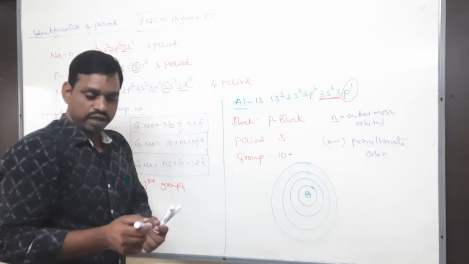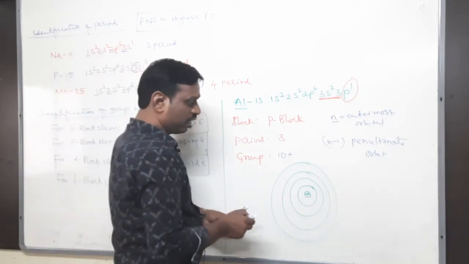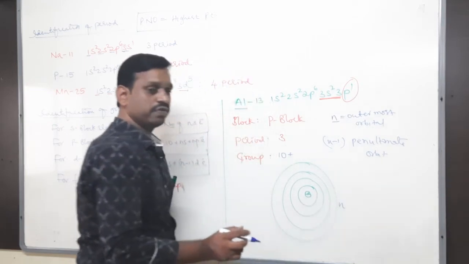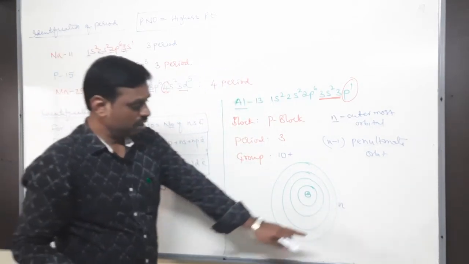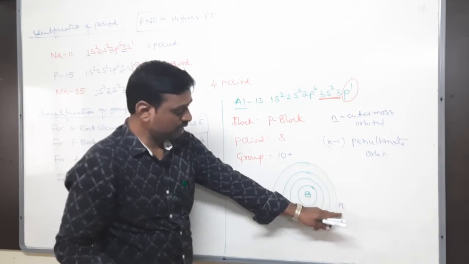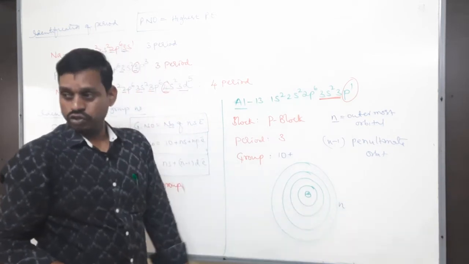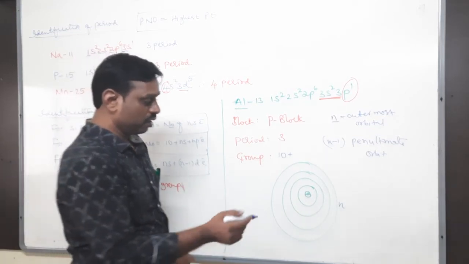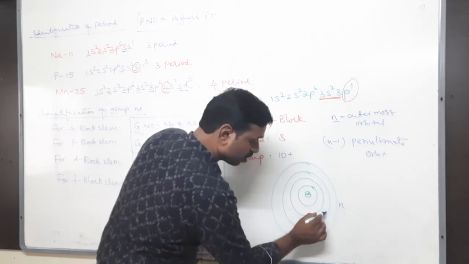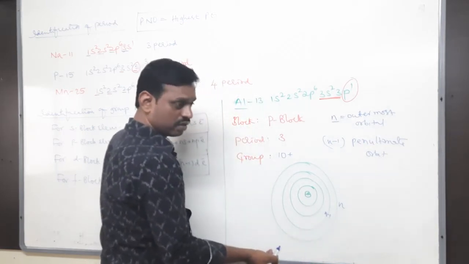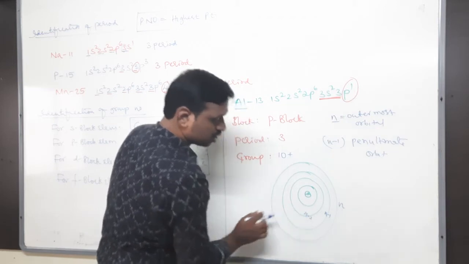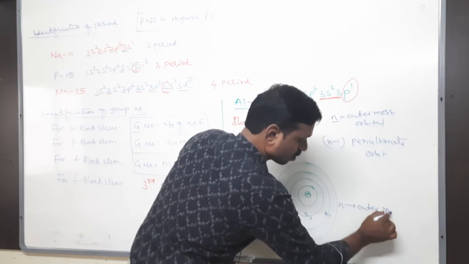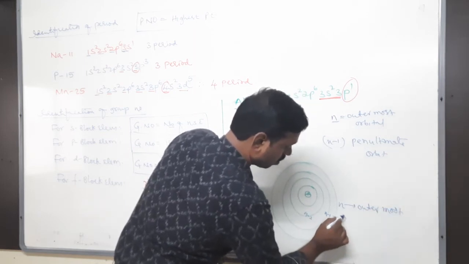In a given atom, the last shell is called the outermost shell or valency shell, which is denoted by n. From last to second one, it becomes n minus 1. Last to third one, n minus 2. If it is outermost, then n minus 1 is called penultimate.